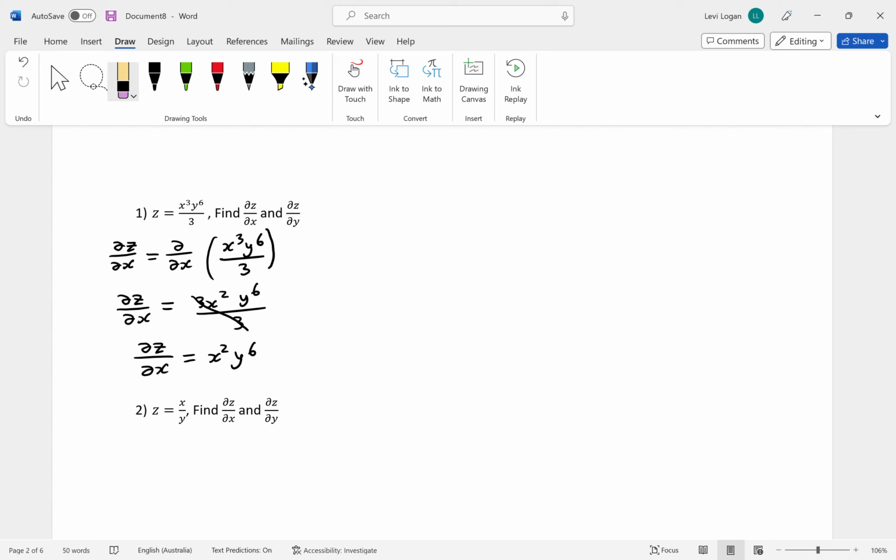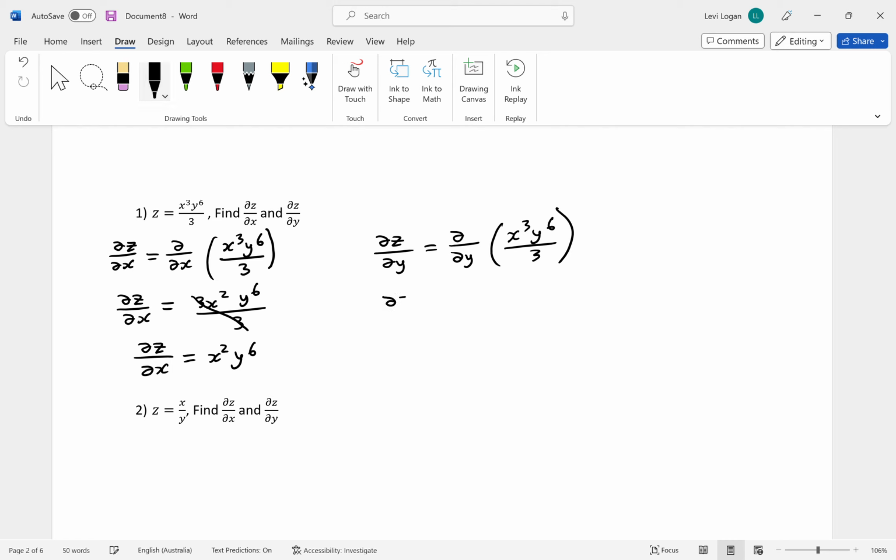Are we done? No, we're not. We just have to find the partial derivative of this function with respect to y. So the partial derivative of z with respect to y, differentiate this entire thing with respect to y. Now, if I'm doing that, what does that mean? I treat x as a constant, okay? Don't care about the x. If it's not a y, it's not important, okay? So differentiate this with respect to y.